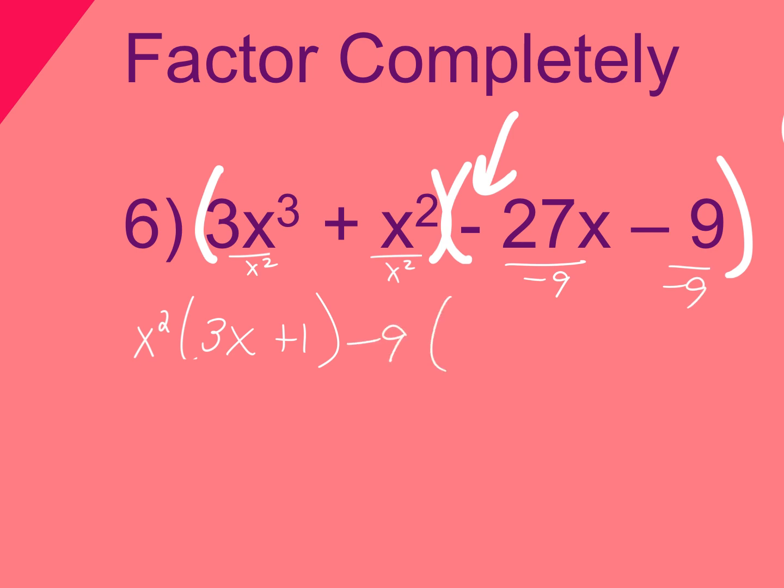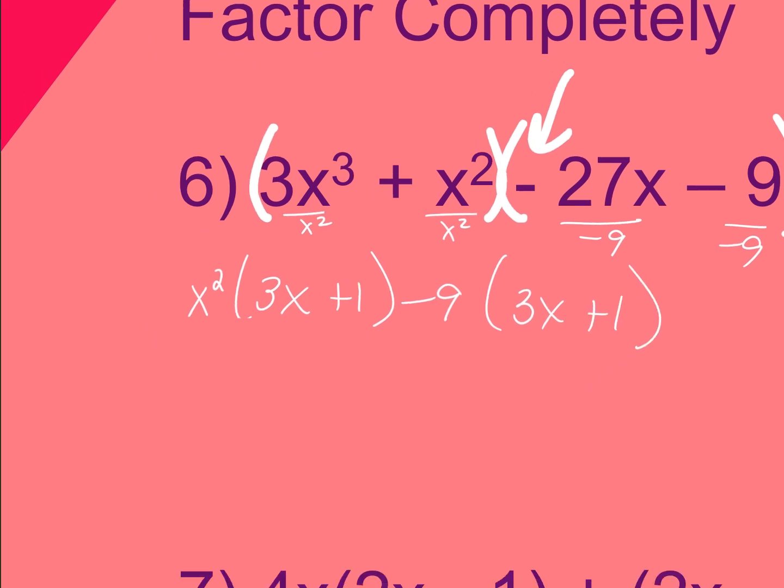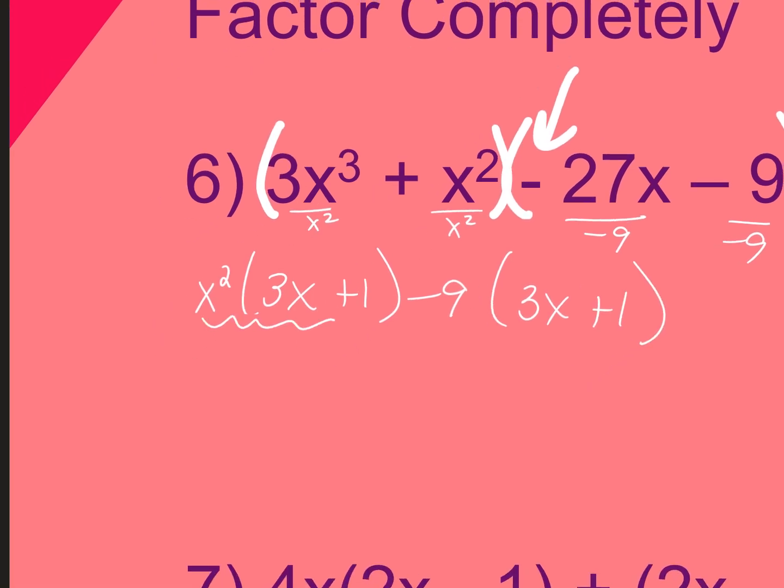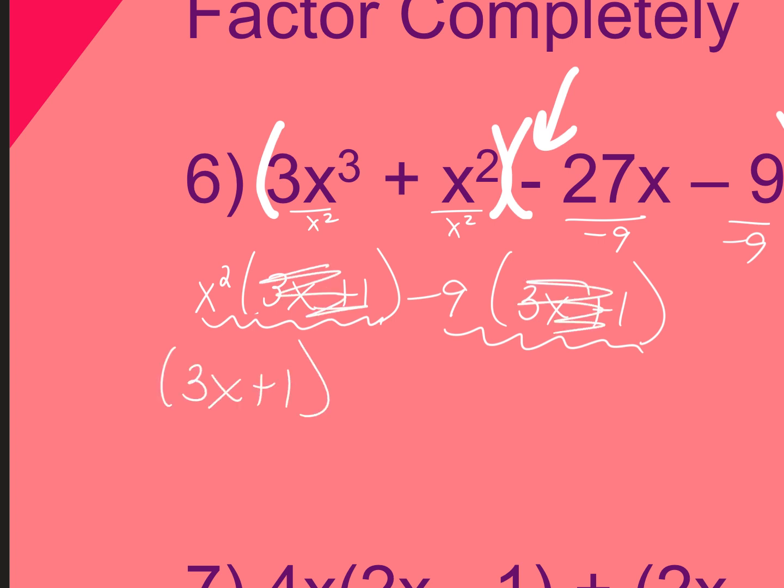Negative 27x divided by negative 9 is 3x. Negative 9 divided by negative 9 is positive 1, which is exactly what we wanted to happen. We now have 2 terms that have a common theme. They both have a GCF that I can take out. So I'm going to take out that GCF. I write it one time out in front. Now it's gone, and I am left with my leftovers.